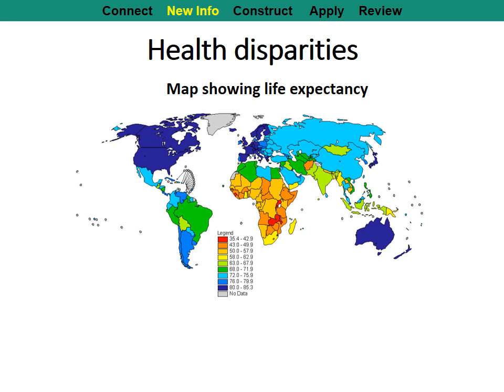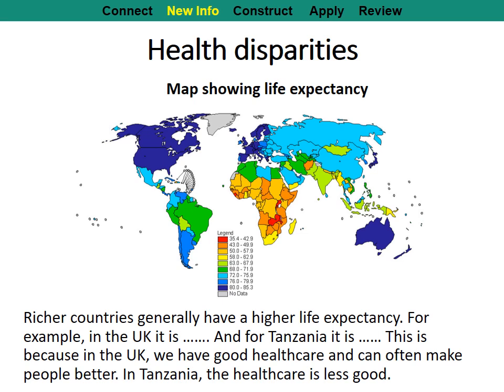Okay, perhaps this shows us how effective looking at one development index is. It does work most of the time. Okay, so richer countries generally have a higher life expectancy. For example, in the UK it is. Can we remember what the UK life expectancy figure is?